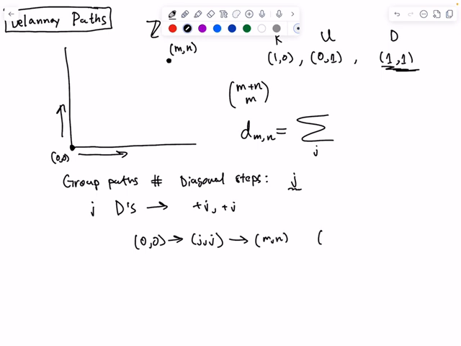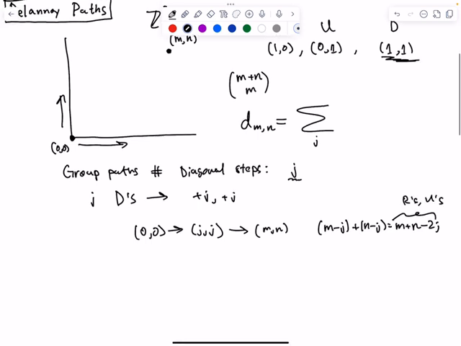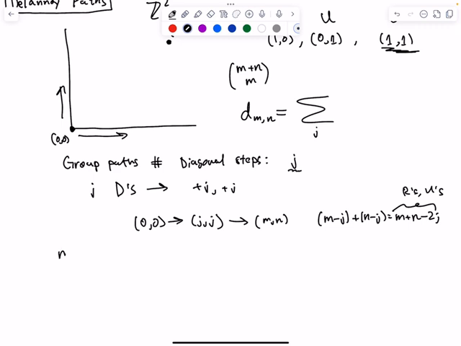This is simply m minus j R's and n minus j U's, which simplifies to m plus n minus 2j. So this is the number of R's and U's, and j is the number of D's. So in total, we have a sequence of m plus n minus j R's, U's, and D's. All right.